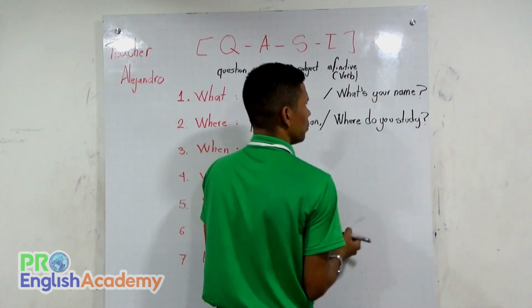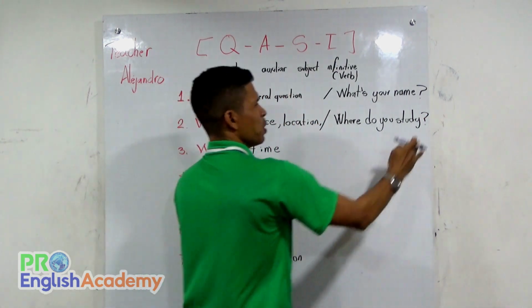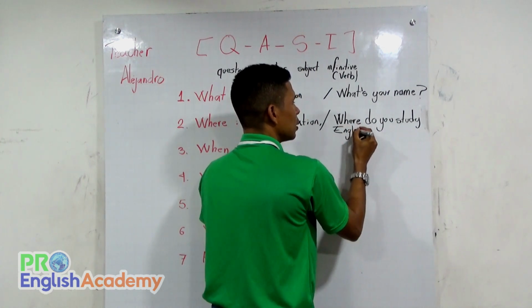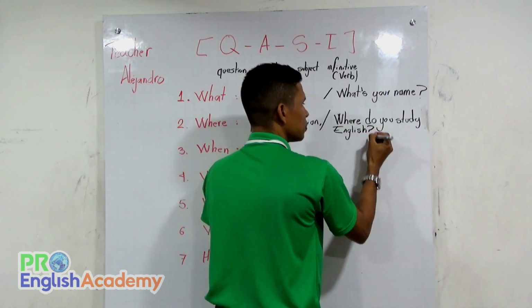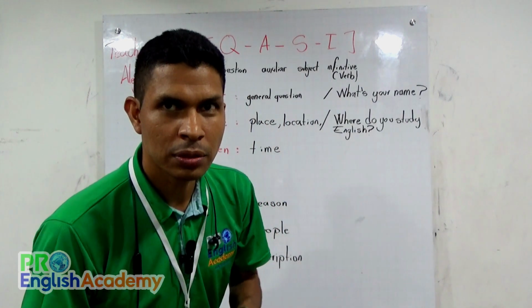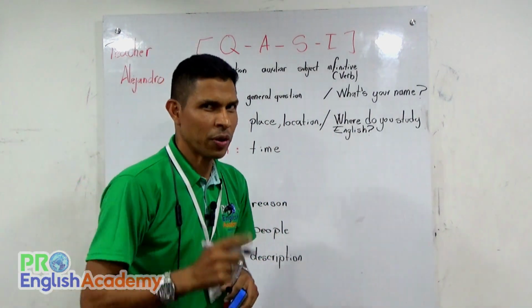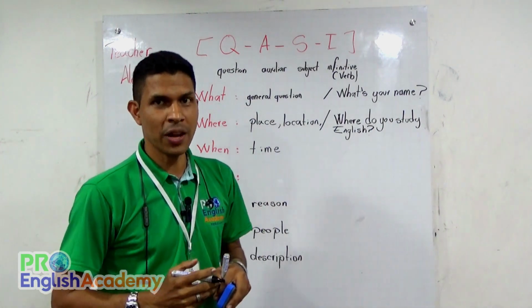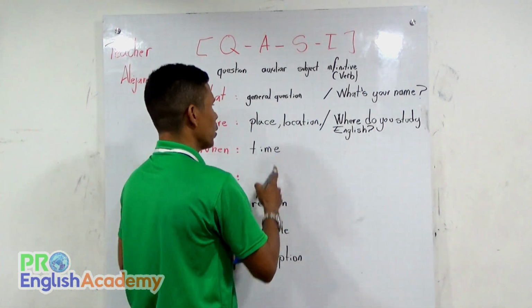Where do you study? Let's be more specific. Where do you study English? Where do you study English? Yes, very good. Study English at Pro English Academy. If not, come here. Okay, time.